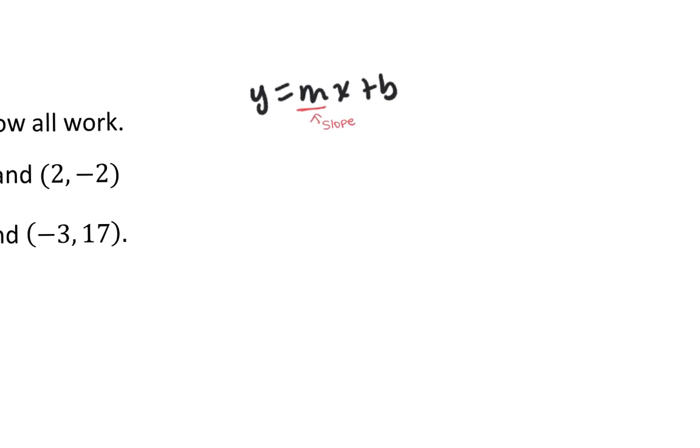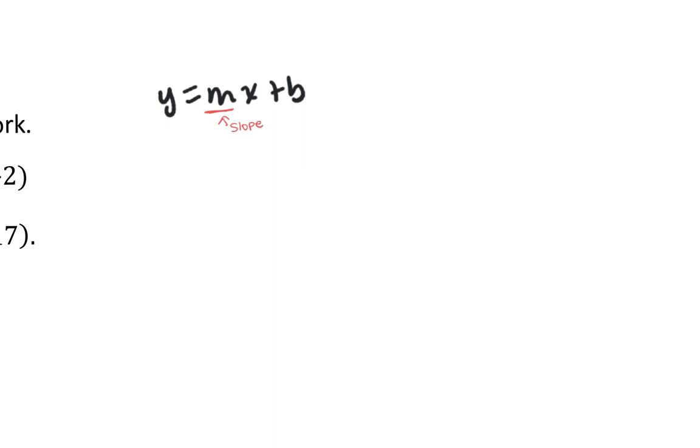And m can be calculated multiple ways. If you have a graph, it can be calculated by using rise over run, or vertical change over horizontal change. If you're given 2 points, you can calculate it by doing the change in the y's over the change in the x's, or y2 minus y1 over x2 minus x1.